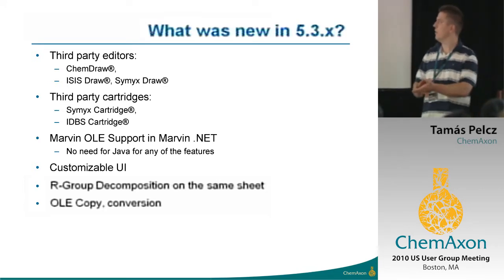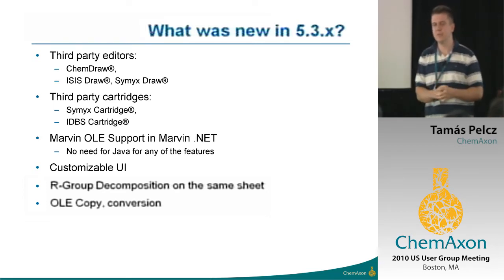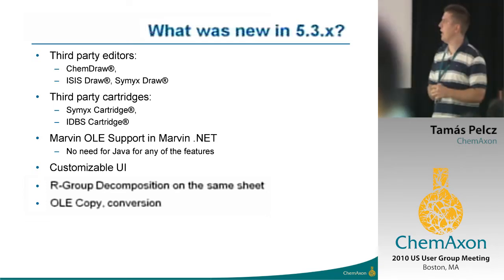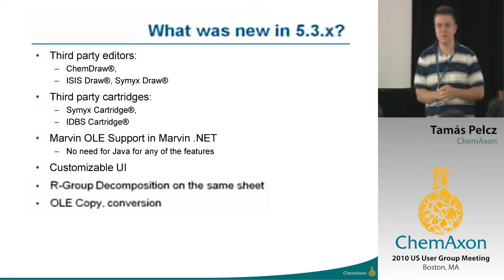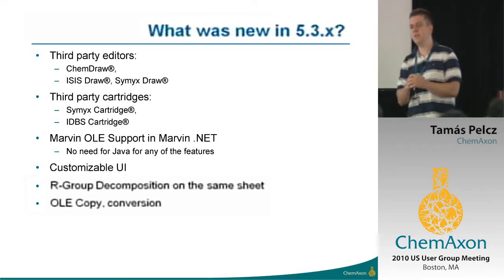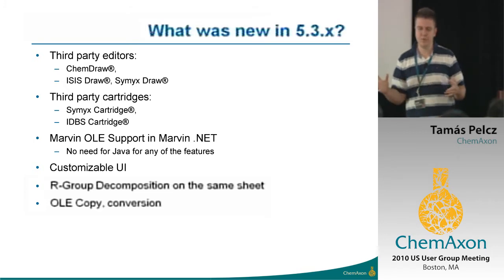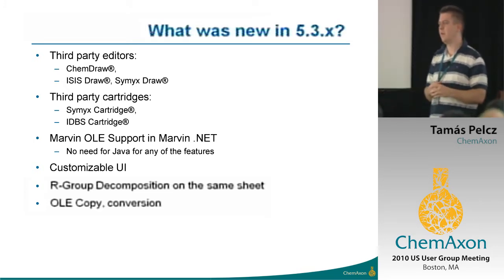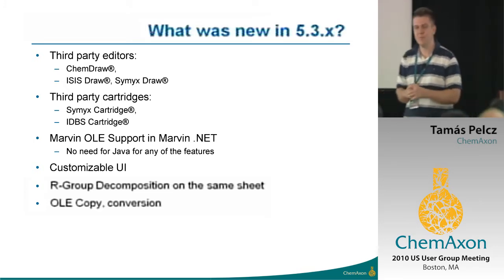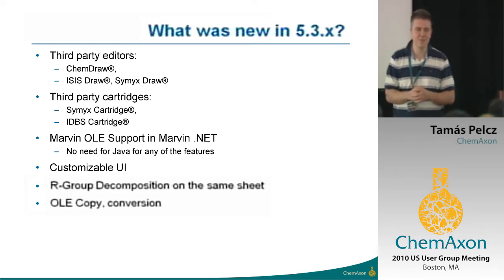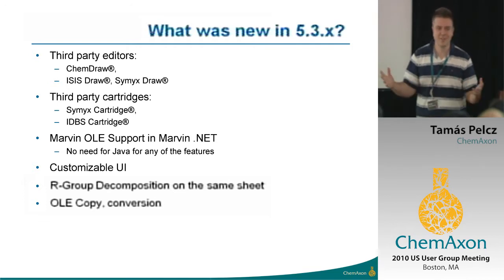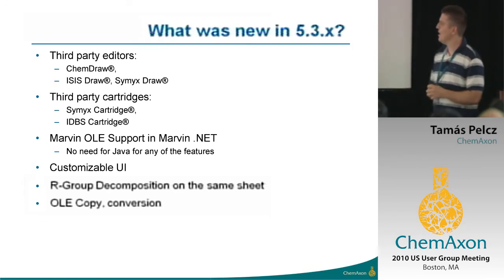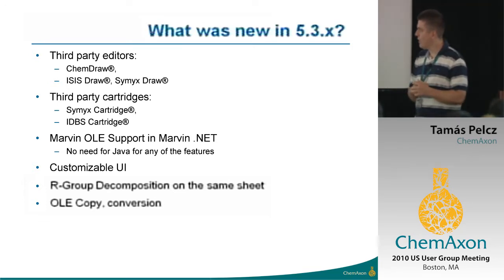At the moment, we worked with ChemAxon, or the older MDL direct cartridge, and we also have support for the IDBS cartridge. Probably these cartridges will be available later on as plugins under a different licensing scheme. You will have to discuss this with the responsible salesperson. I'm just looking at the technical perspective of these features.